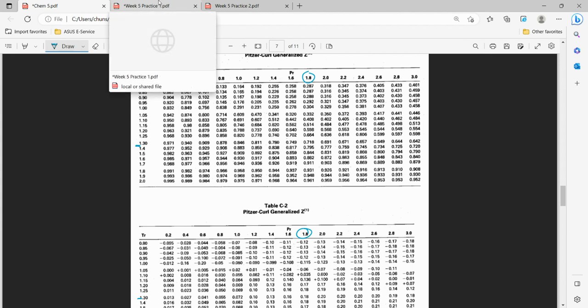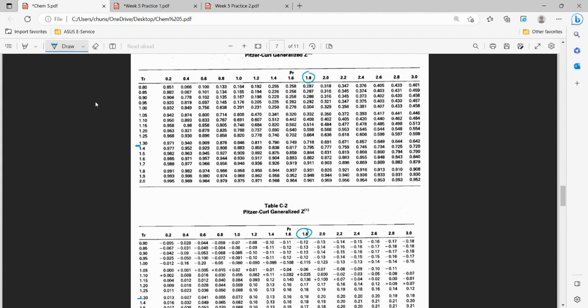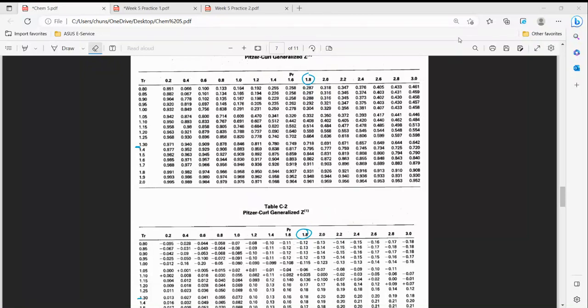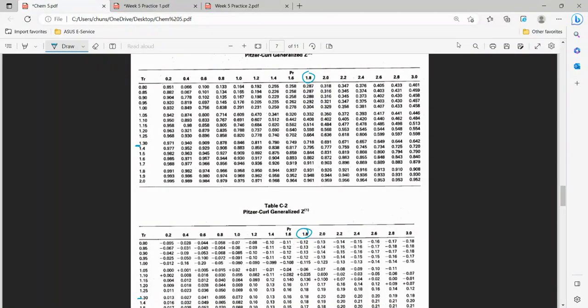So let's just write down our values. So I'm going to do the work over here, then I'll transfer it over. So, okay, let's start for our Z0. So we already have our reduced pressure solidified.